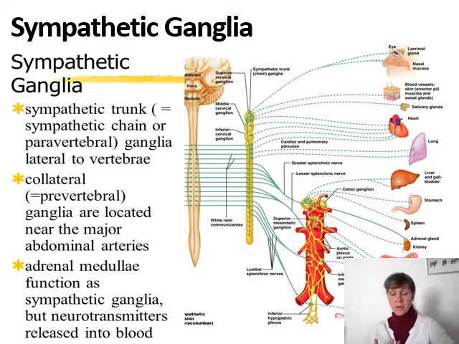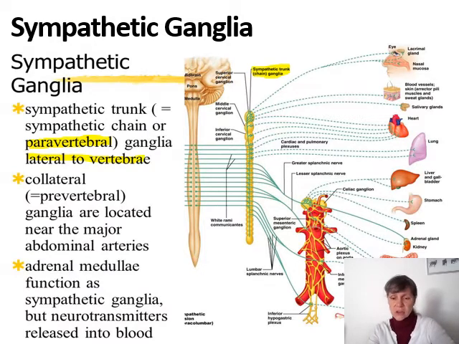This takes us to more ganglia that are located in the peripheral nervous system. There is a chain of ganglia known as the sympathetic trunk ganglia or sympathetic chain ganglia, associated with the sympathetic portion of the autonomic division of the nervous system. Remember, the sympathetic nervous system is that fight-flight portion of the autonomic nervous system. And the sympathetic trunk or sympathetic chain are sometimes also called paravertebral ganglia because they are found lateral to the vertebrae.